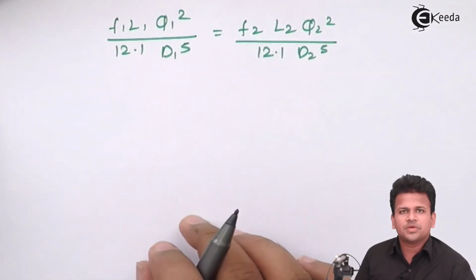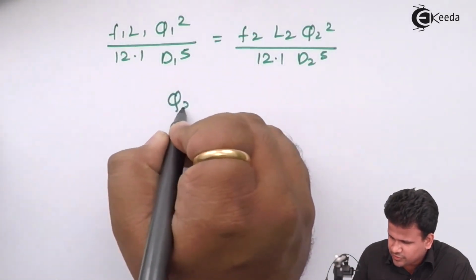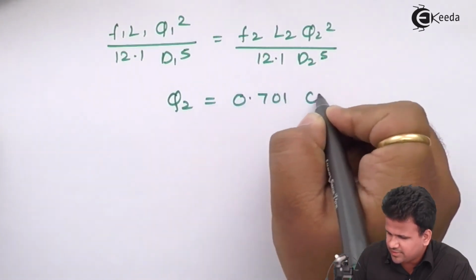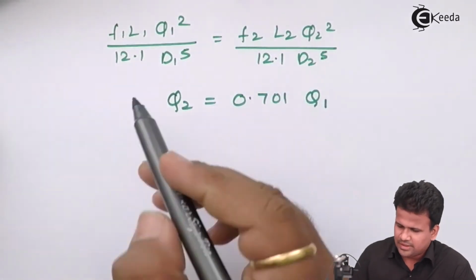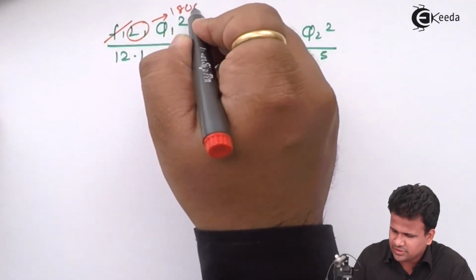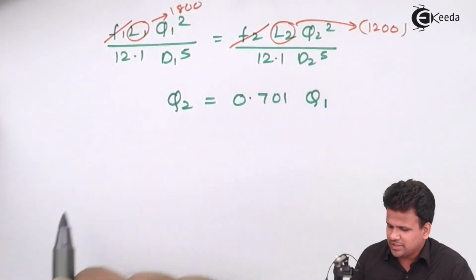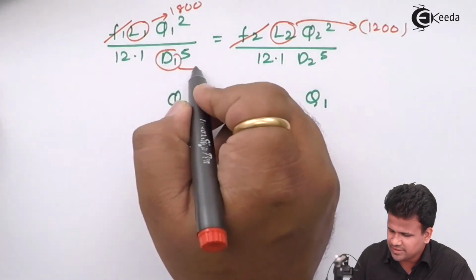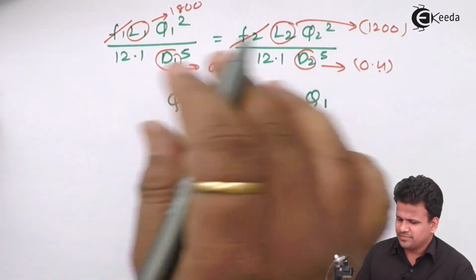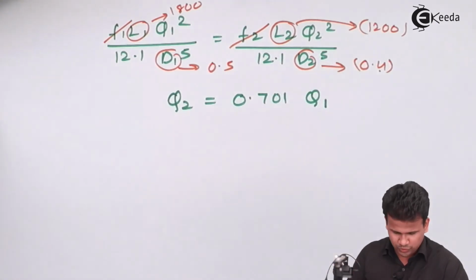On substituting the values on either side, we get Q2 equal to 0.701 times Q1, considering the value of f is constant, L1 is 1800 meters, L2 is 1200 meters, D1 is 0.5 and D2 is 0.4. So on evaluation, we have got the relation of Q2 with respect to Q1.